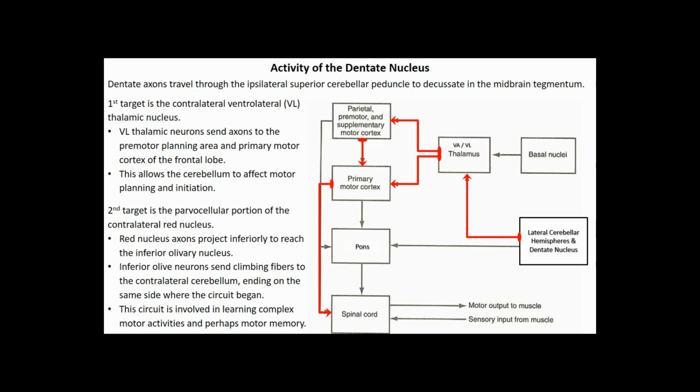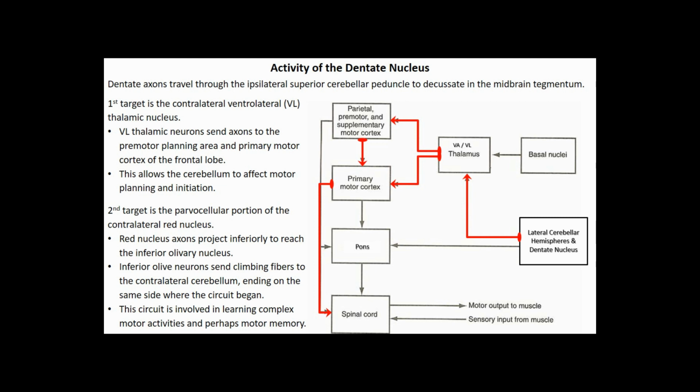Those are the inputs to the inferior olive that are then going to be processed. Then we're going to have those olivary climbing fibers cross the midline. They're going to decussate to the contralateral cerebellum and basically wind up on the same side where this initial circuit was initiated. And that's basically where we think motor memory is happening.